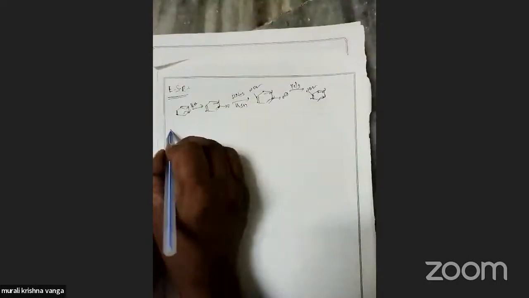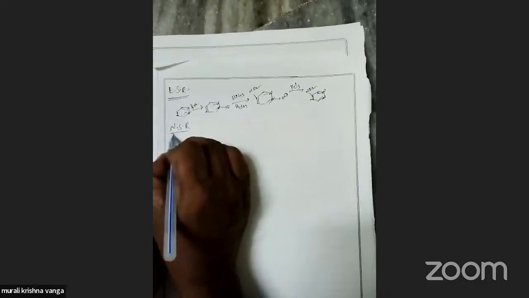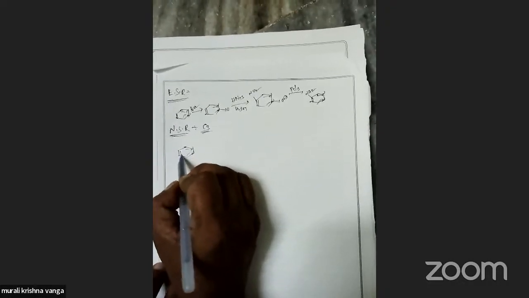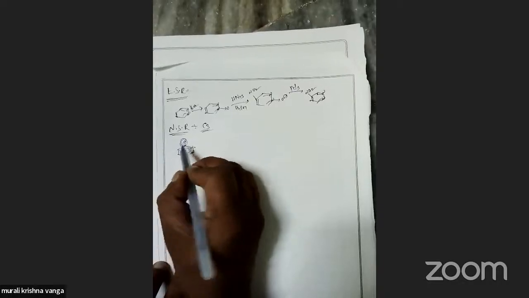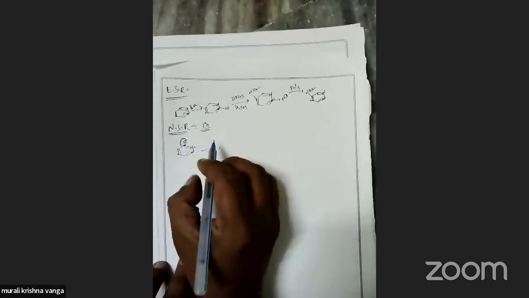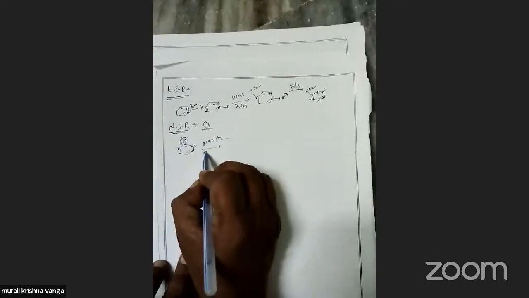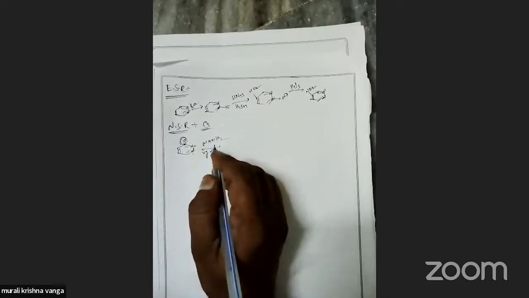Nucleophilic substitution reactions at the C3 position. This position undergoes nucleophilic substitution when reacting with sodamide in the presence of liquid ammonia. This is the Chichibabin reaction.